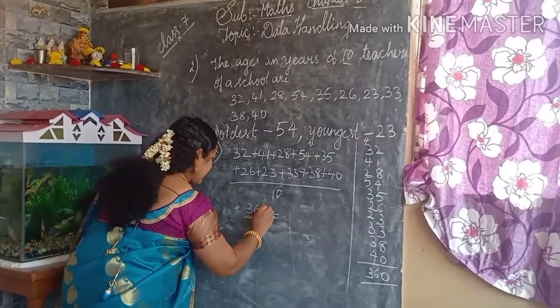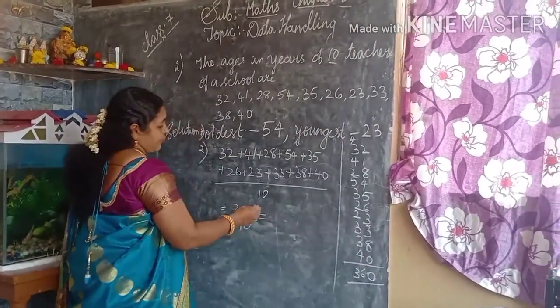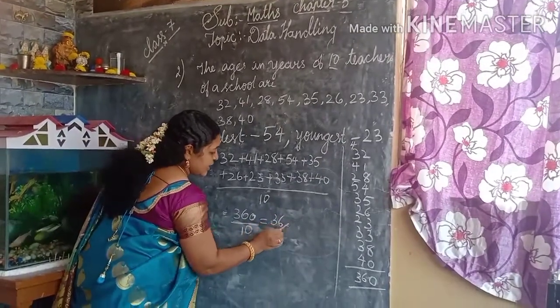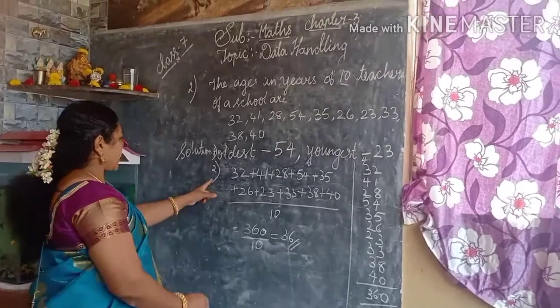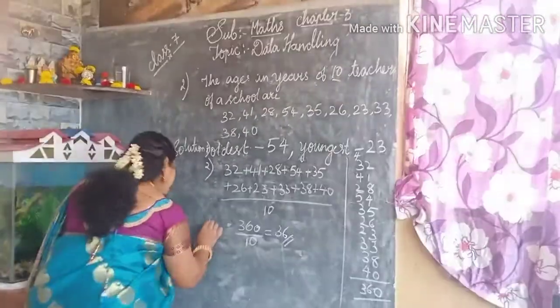Here we can easily gauge, right? Divide by 10, you will get the answer as 36. So our mean is 36. So our second question has been done.